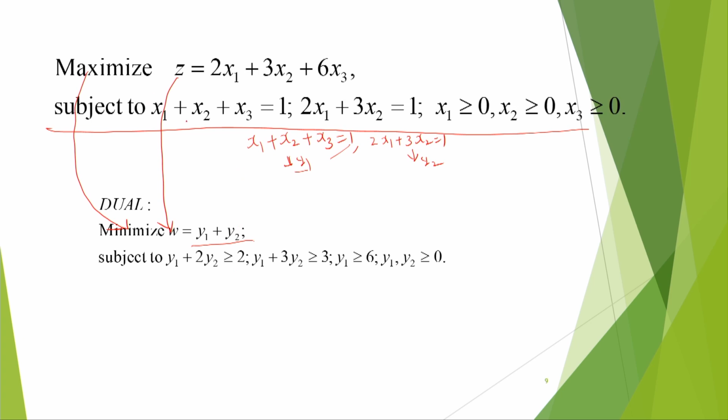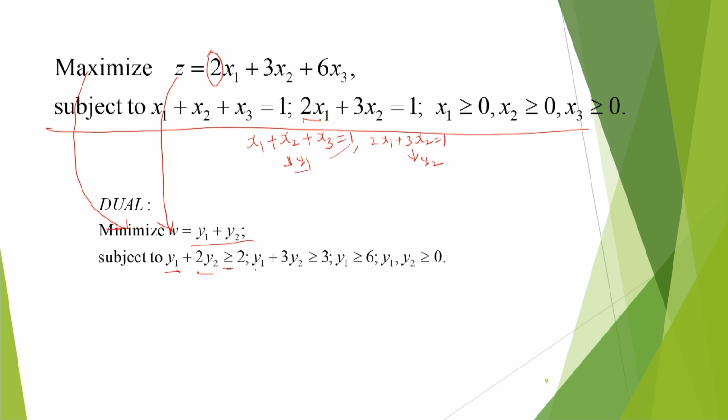Corresponding to each variable in the primal you will get one constraint. So here it is x1, therefore y1 plus 2y2, since x1's coefficients are 1 and 2, and it should be greater than or equal to 2, because with minimization there will be a greater than or equal to sign, and the coefficient of x1 in the objective is 2.